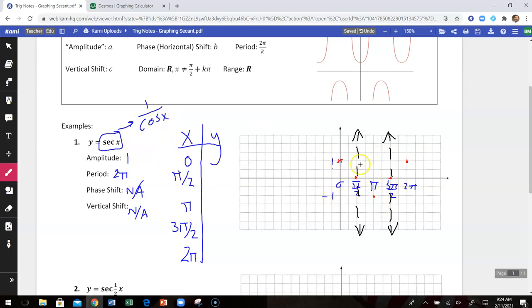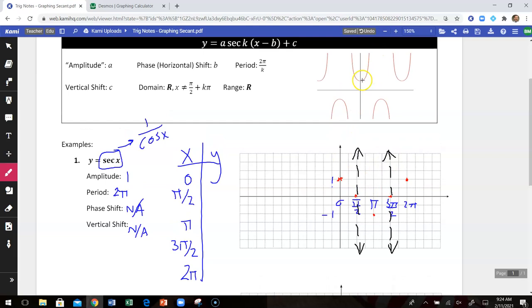So these other points tell us the locations of the midpoints of these alternating U-shaped graphs. I'm going to have one here, one down here, and one up here. They would just continue on in both directions.